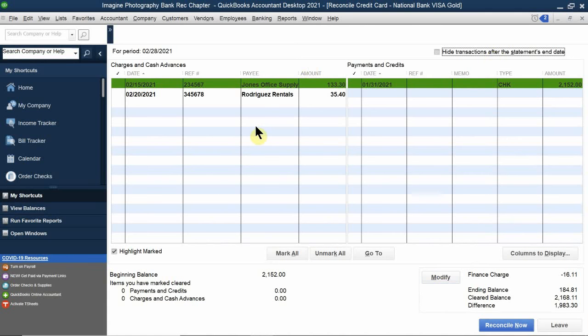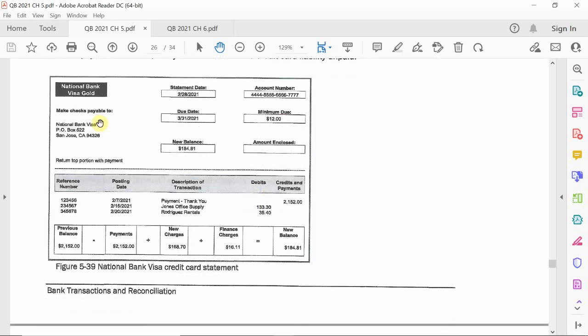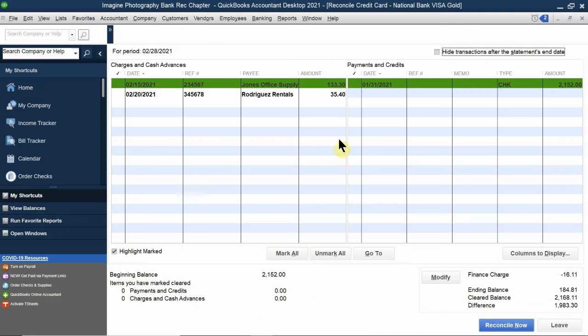Now notice this, I didn't have many transactions that occurred between February. Again, you can hide if you'd like, but there are only so many transactions that we use the business credit card for. So let's take a look at my list here. It's coded that I made a credit card payment, and then I charged my card for 133, and then one more time for $35.40. So let's take a look at my reconciliation.